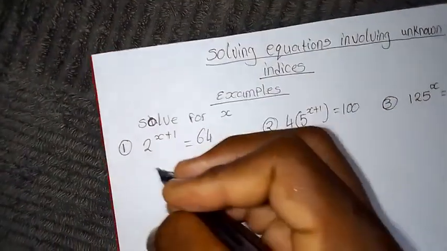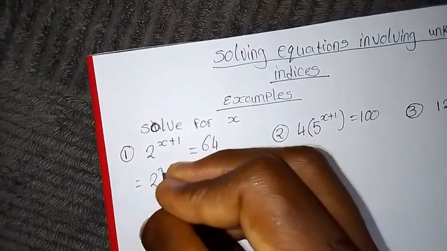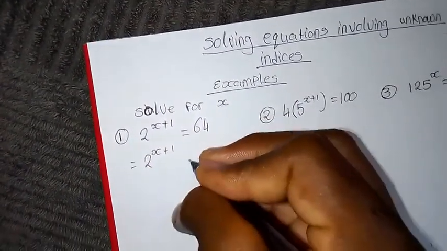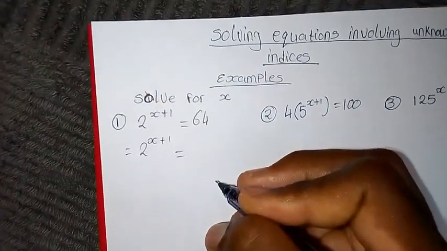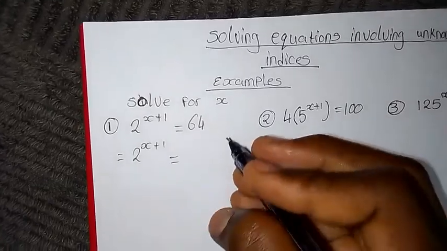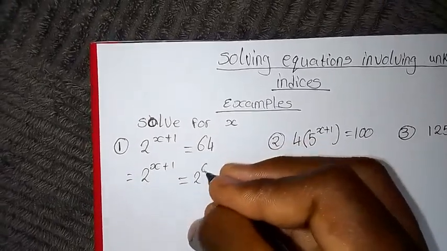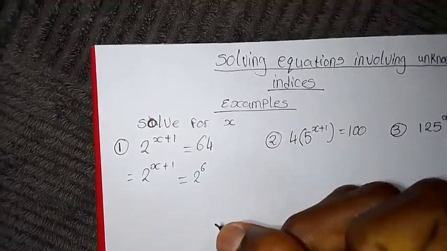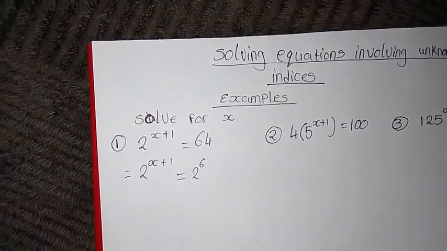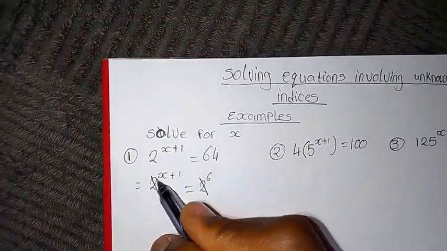So for this one, 2 power x plus 1. Here we have to make the bases the same, just like from the previous example. So here 2 power 6 is 64. So the bases are the same, so we can cancel them out. Then now all we are left with is the powers.